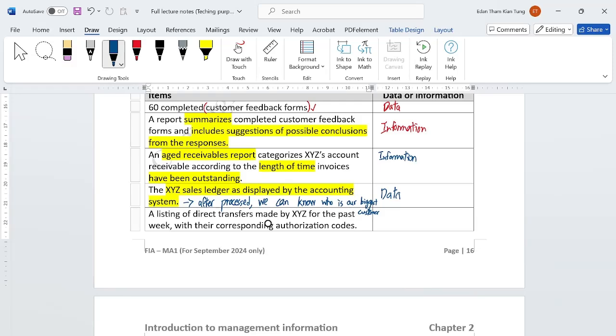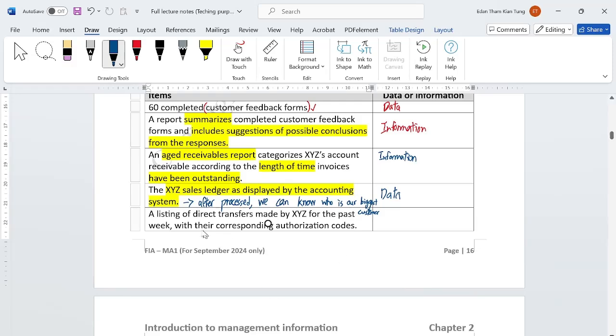But after we summarize, filter or sort the data according to different customers, we can see which customer contributed the most sales to our company. And maybe from there, you would like to give them some more discount. So information can help you to make your decisions accordingly. Can follow, guys?